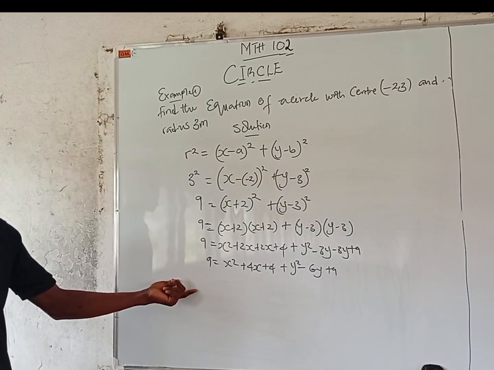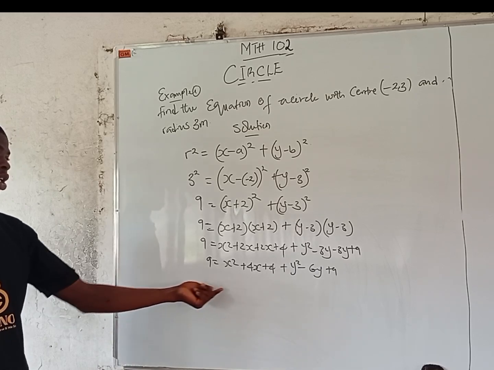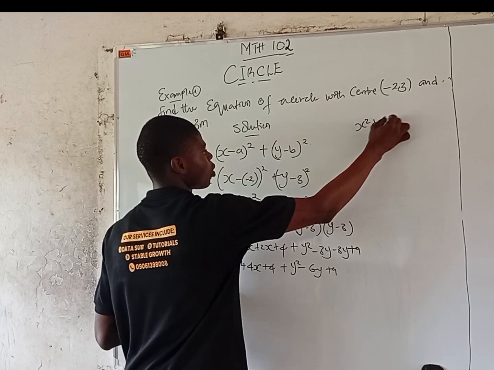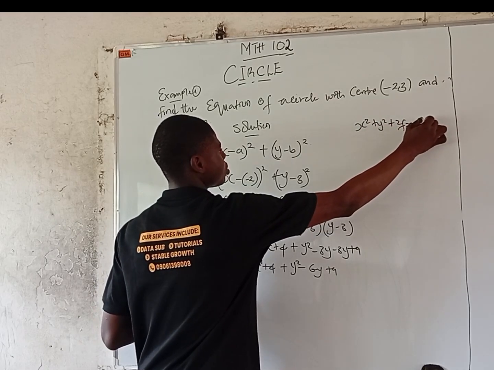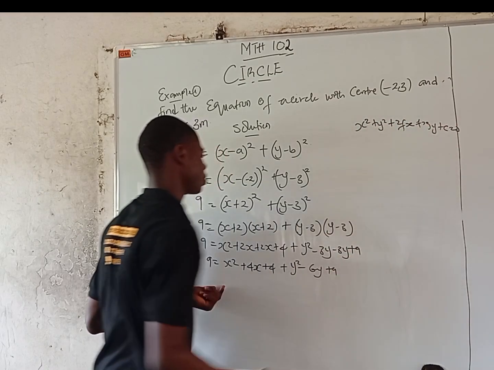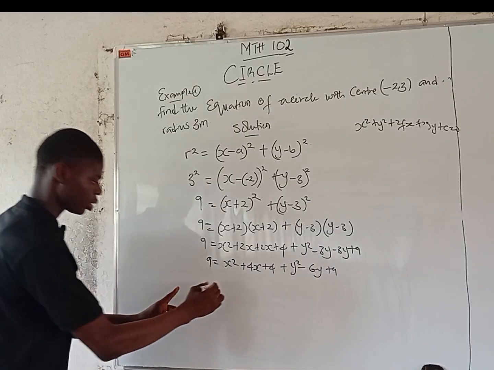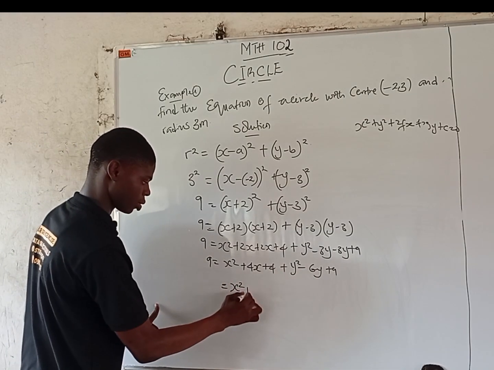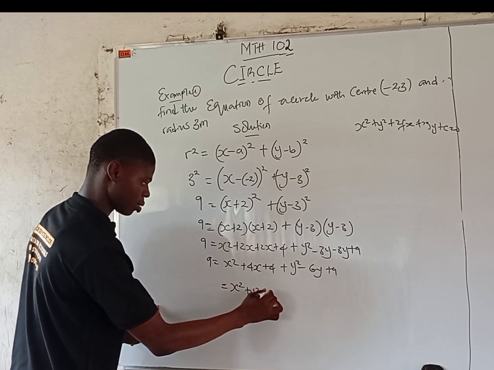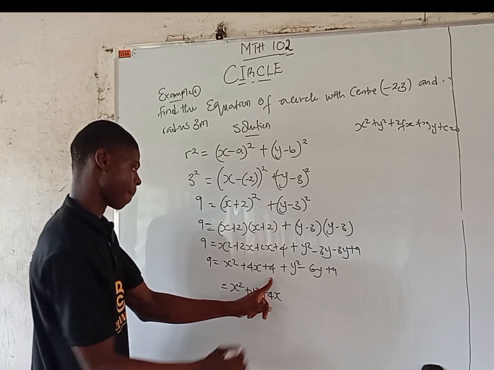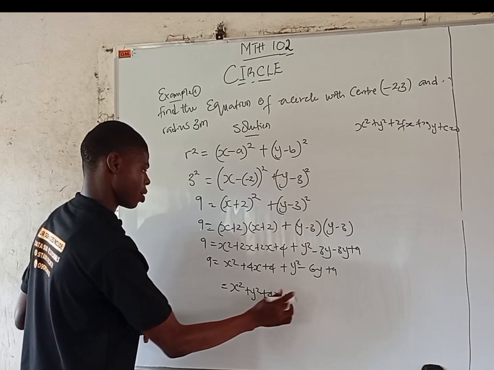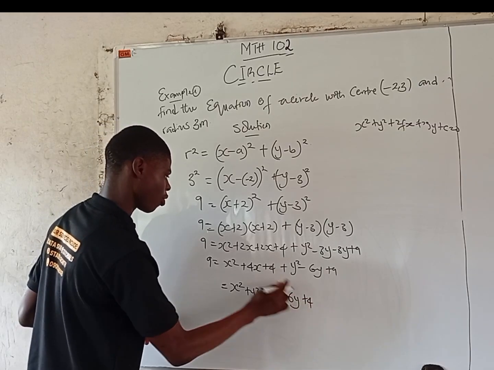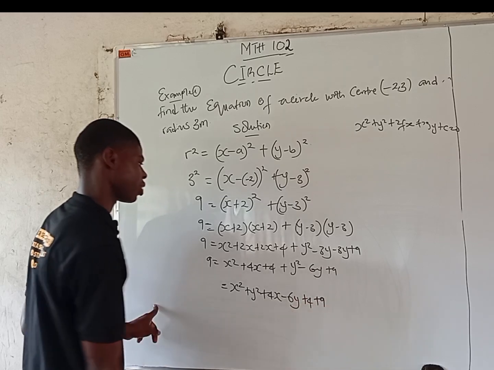So what we want to do now is to rearrange our cycle equation such that it looks like the general equation of a cycle: x squared plus y squared plus 2fx plus 2gy plus c equals 0. So we're going to be arranging it that way carefully. We're going to have x squared plus y squared plus 4x minus 6y plus 4 plus 9.